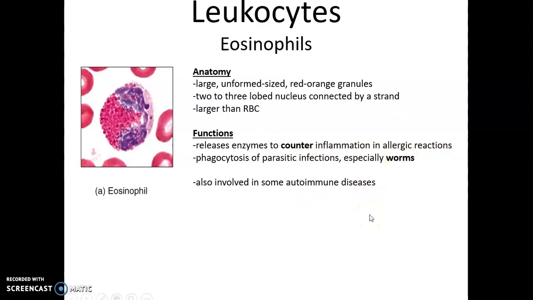So eosinophils can help destroy parasitic infections such as parasitic worms. And it's also been shown that they can be involved in some autoimmune diseases. So counters inflammation and helps to destroy parasites like worms.